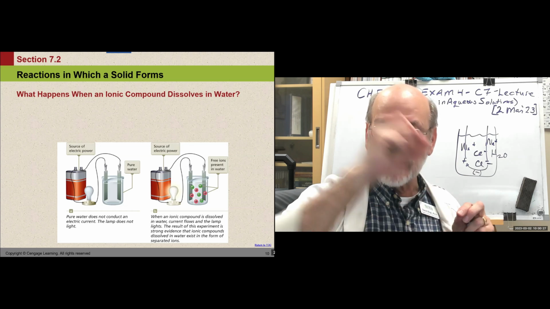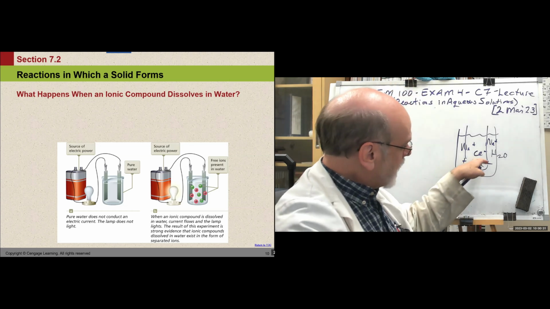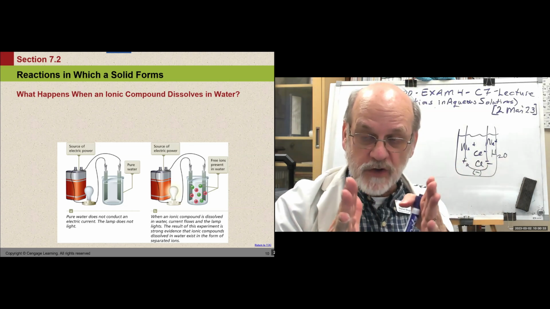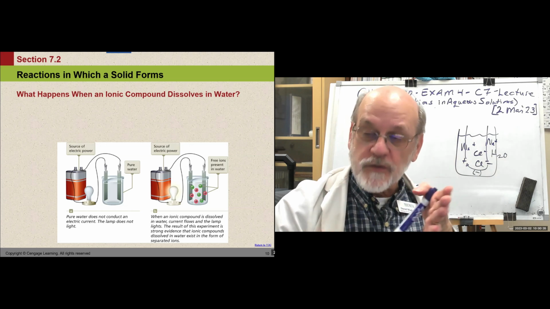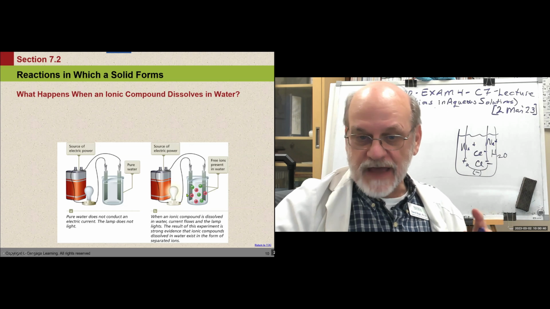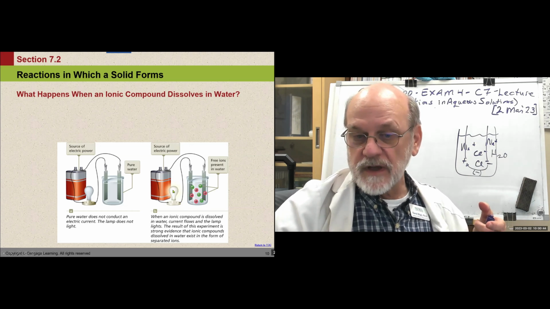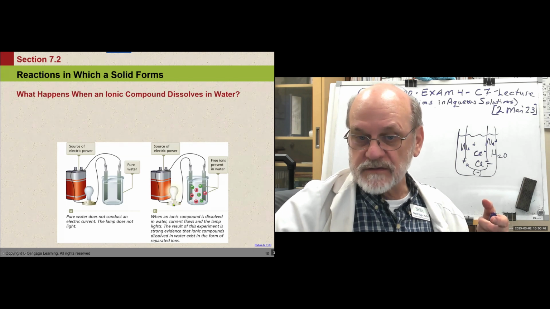It's got to be complete all the way around. So now that we have ions in between those electrodes, they can transfer the charge from one electrode to another. That circuit is completed. And that's why in this right-hand image, you see the light bulb is lit up.